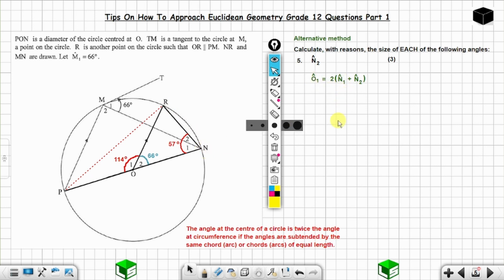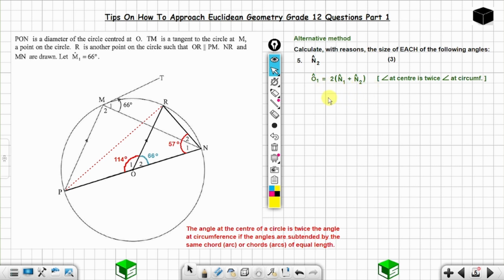This is what you have to remember. So the reason is angle at center is twice angle at circumference. This is the reason for writing this.